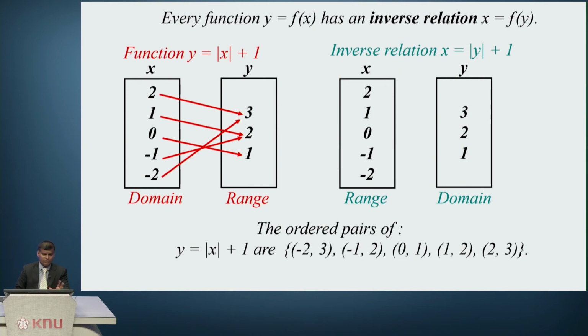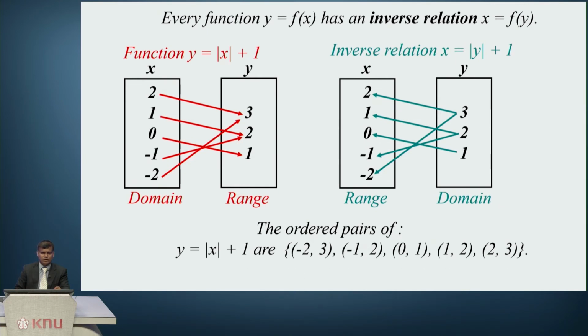So if you want to take an inverse relation, we can say x equals absolute value of y plus 1. If that is the case, let's see whether this fits in. So again we can see 3 is mapped to 2, 2 is mapped to 1, 1 is mapped to 0, and 2 is mapped to minus 1, and minus 2 is mapped to 3 as well.